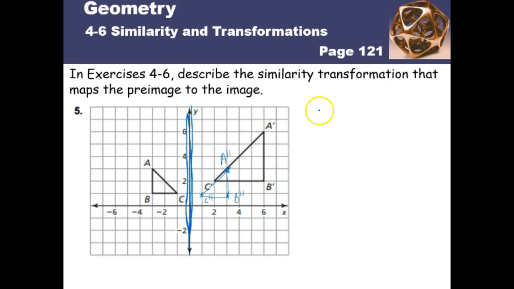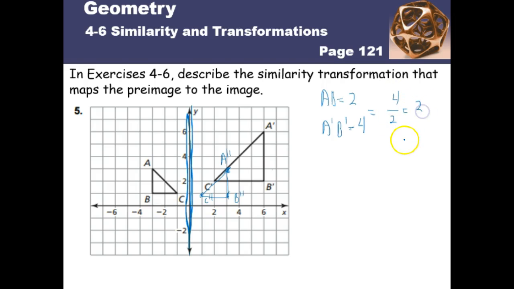Now I just have to look at a flat side. So I'm going to look at AB, and AB is 2 units long, and A prime B prime is 1, 2, 3, 4 units long. So it looks like it's a scale factor of 2, because remember it's the prime over the non-prime.